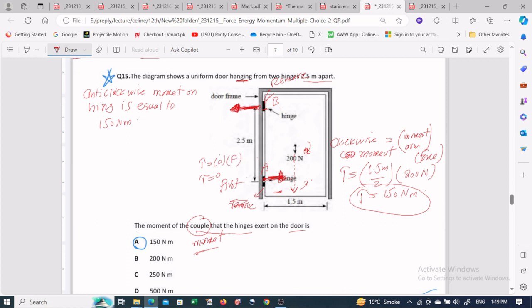So the moment at A is 0. This clockwise moment and this anti-clockwise moment are balanced, and this is also 150 newton meter.